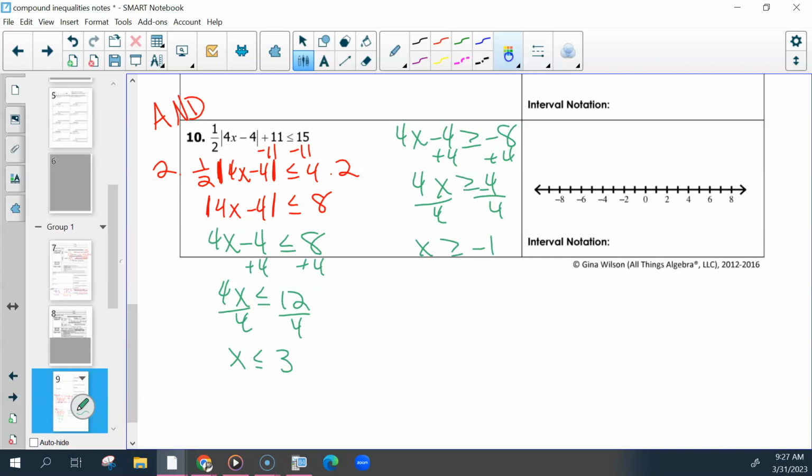So then my condensed will be -1 less than or equal to x less than or equal to 3. And whether you want to draw the overlap or just draw this part is up to you. And then these would both be brackets.